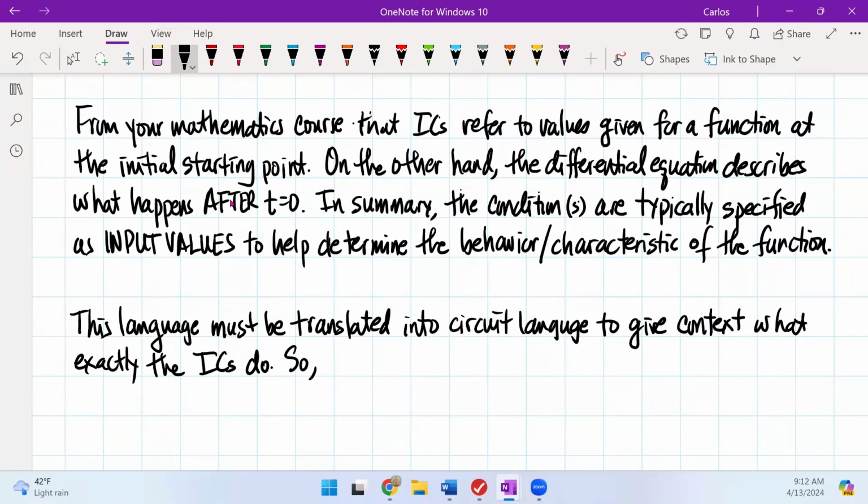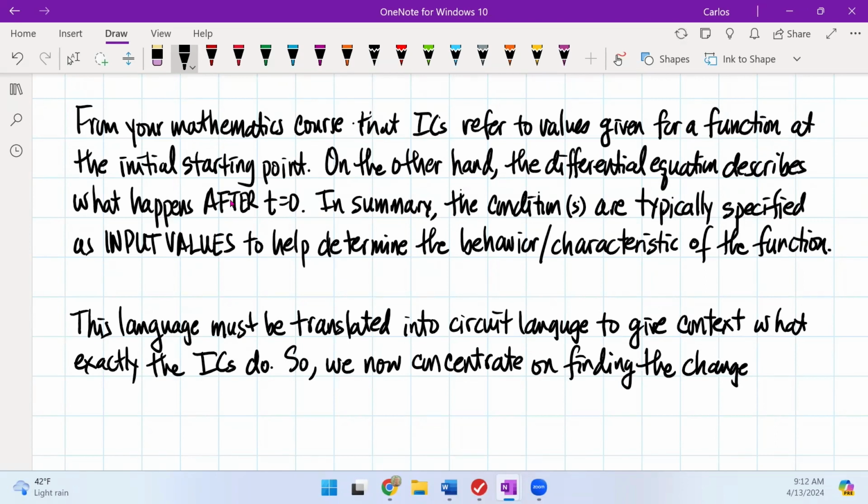So we now concentrate on finding the change in the storage element variables.